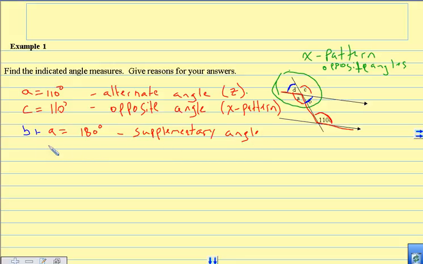So B is going to equal 180 minus 110, which is 70 degrees. B equals 70 degrees, and then D is also equal to 70 degrees by the opposite angle theorem.